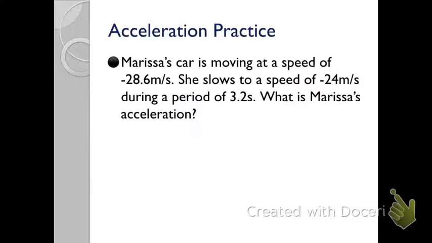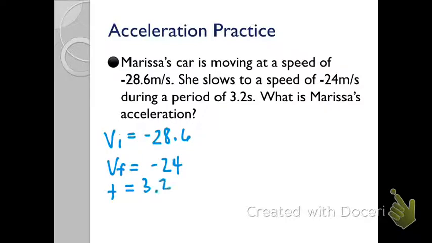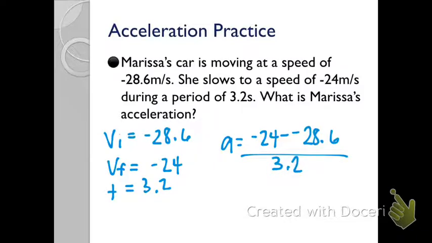All right, I like to start making my list. It's not a huge deal right now, but my initial velocity is negative 28.6. My final velocity is negative 24. My time is 3.2. So acceleration, I go negative 24 minus negative 28.6 over 3.2.